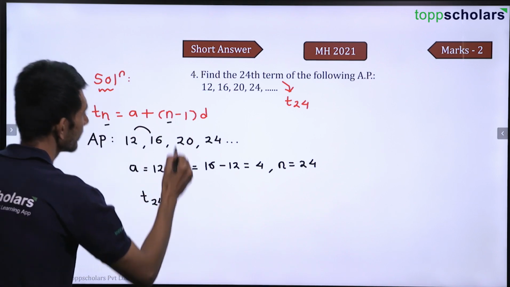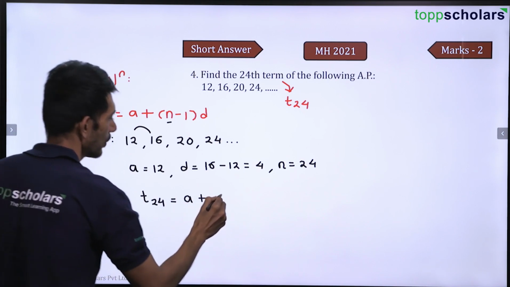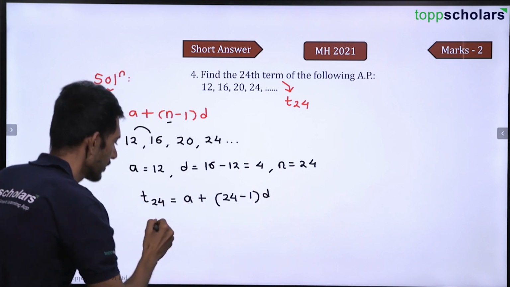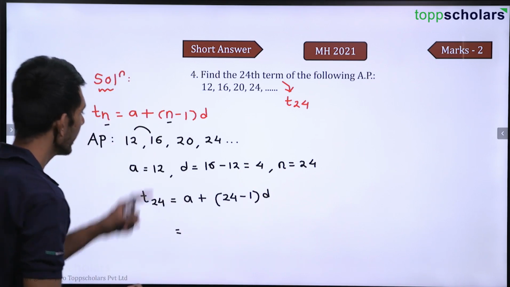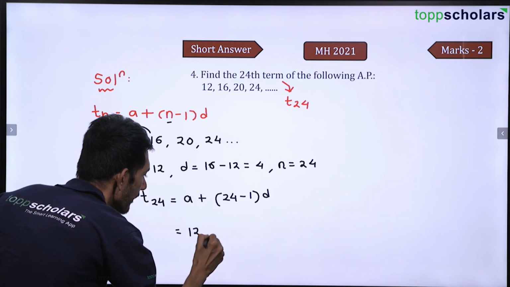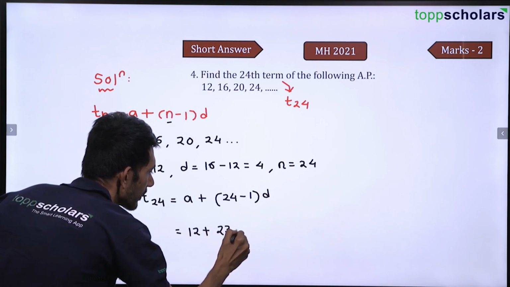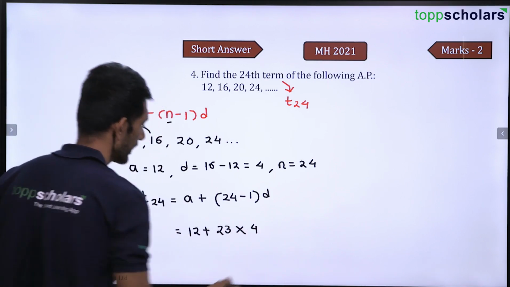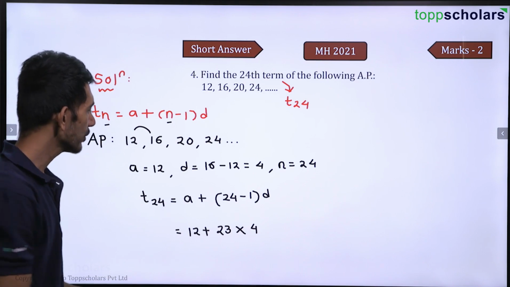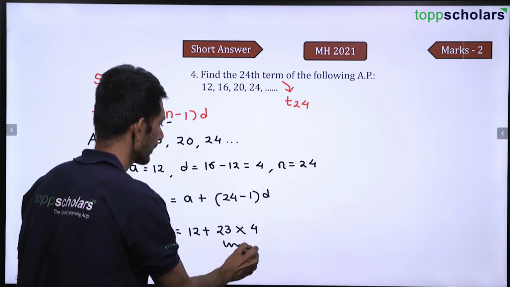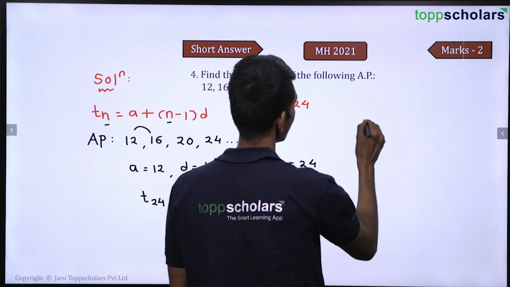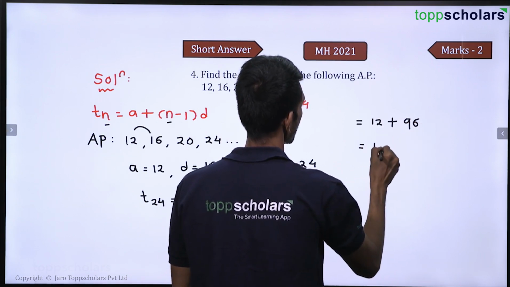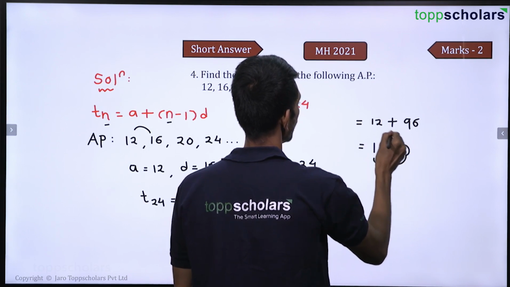T24 will be A plus 24 minus 1 into D. So that is equal to A, A is how much? 12 plus 23 into D. D is how much? D is 4. Right? 12 plus 23 into 4. So how much is 23 into 4? That is 92. So can I say this is equal to 12 plus 92? That gives you 104.